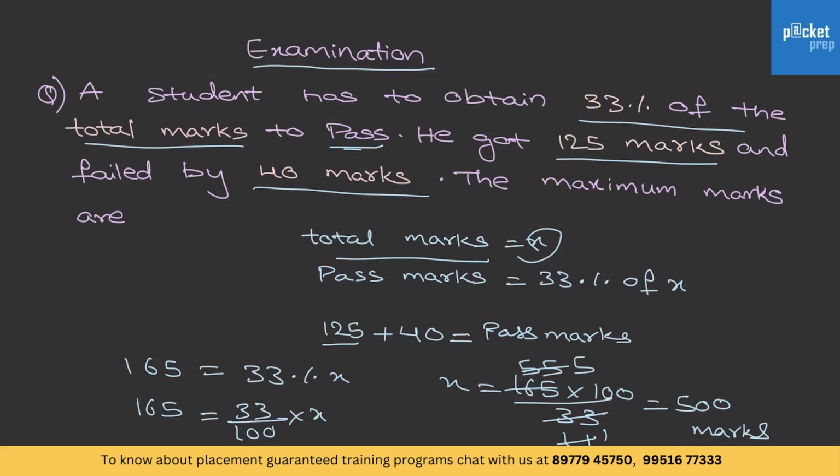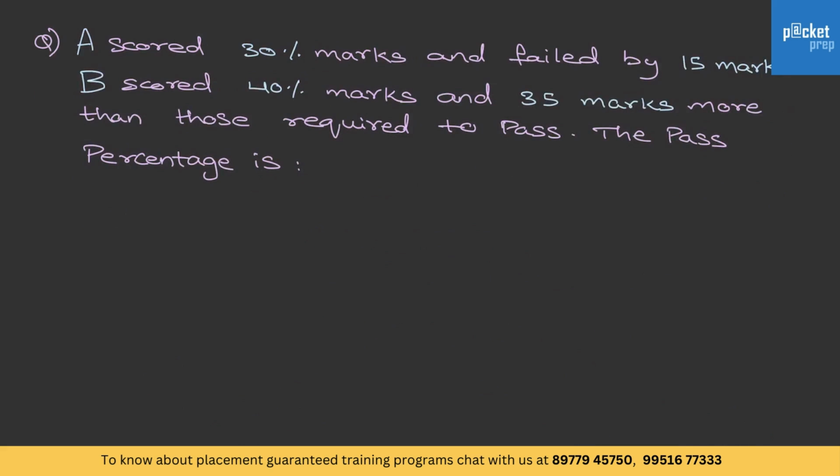Let's go with another example related to this topic. In this question, it is given that A scored 30% marks but failed by 15 marks, and B scored 40% marks and got 35 marks more than pass marks. They asked us the pass percentage.